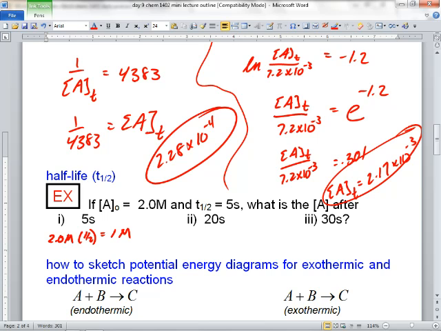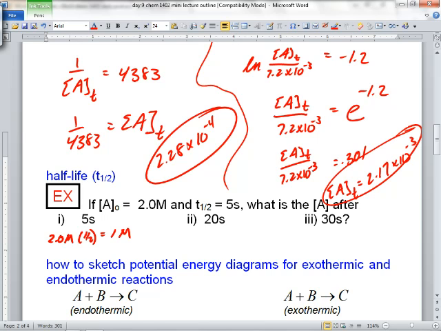Okay. Javier, in number 2 here, how many half-lives went by? How many, because 20 seconds, each half-life is 5 seconds. 4 of them. So you have 4 half-lives went by. So I have to have a half written down 4 times.